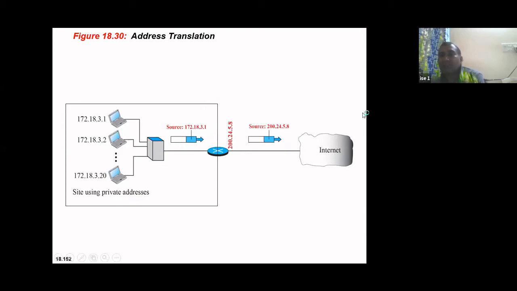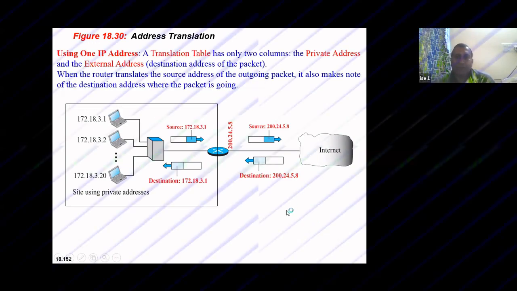This was the host sending to this destination, whose address is A.B.C.D. When this destination sends a reply back, it knows from the table that the packet has come from A.B.C.D. It knows from the network address translation table that the packet was sent by this particular host, 172.18.3.1, so it will be sent to this particular host. So this is the whole explanation for network address translation.